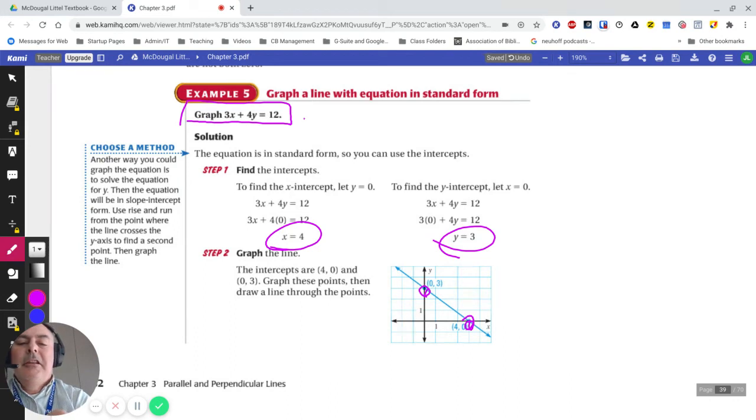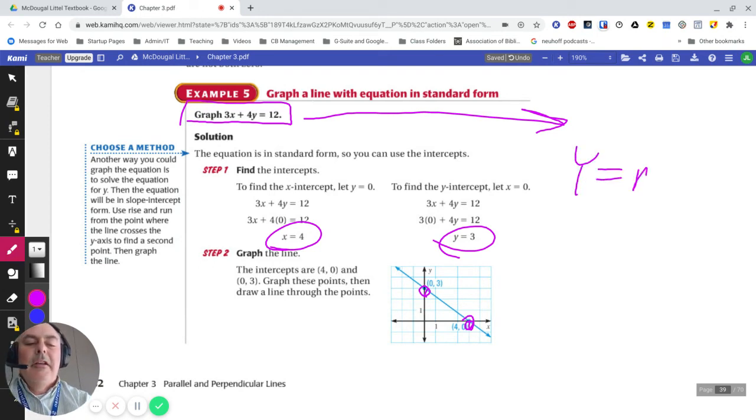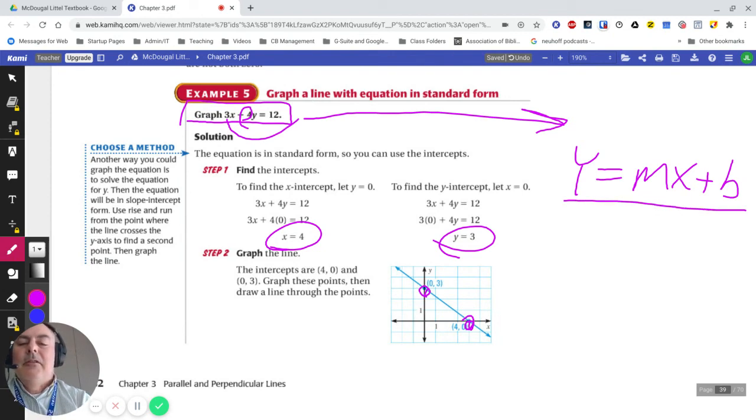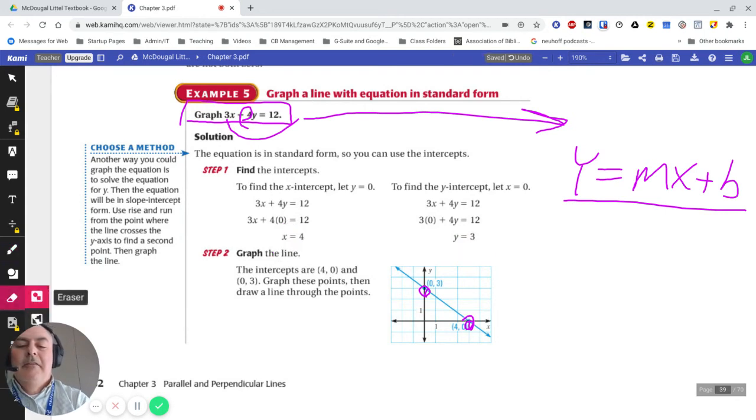But if I wanted to get the equation of this line in slope-intercept form, I would have to ultimately solve so that it was in the format y equals mx plus b, which means I'm going to have to move my x over, get rid of my 4, and then I can turn it into this format. However, all I'm looking for here is the ability to graph the line, so I can plug in my x and my y's and solve in order to graph my line.